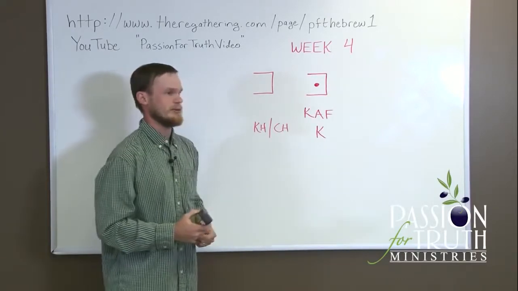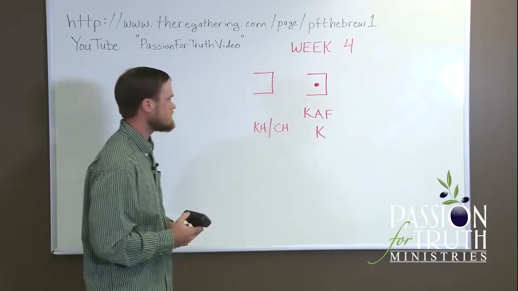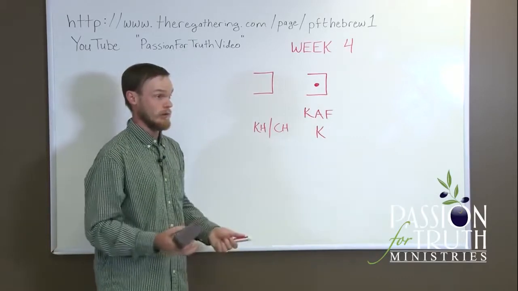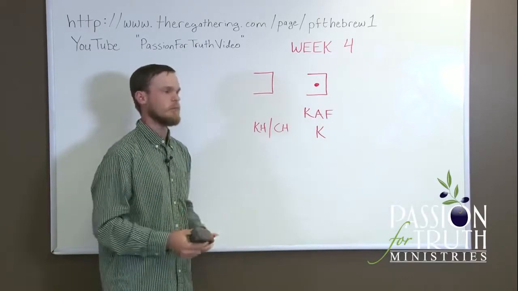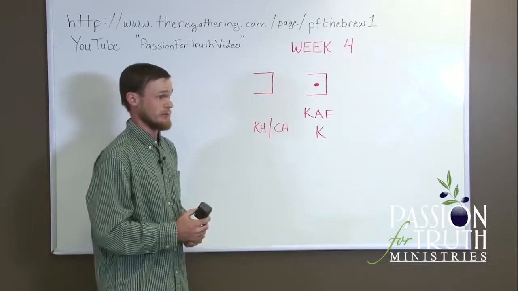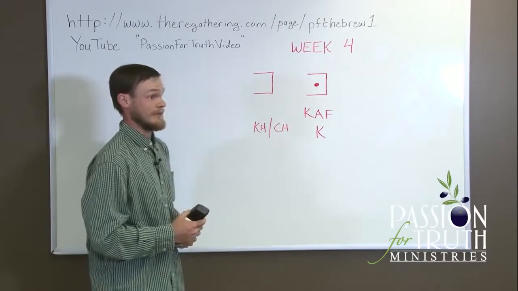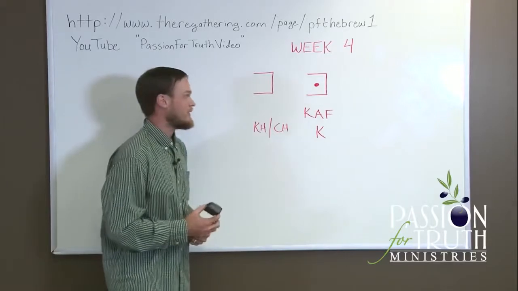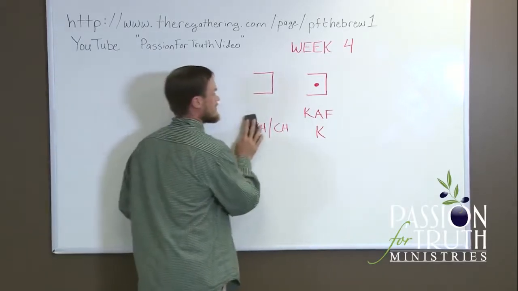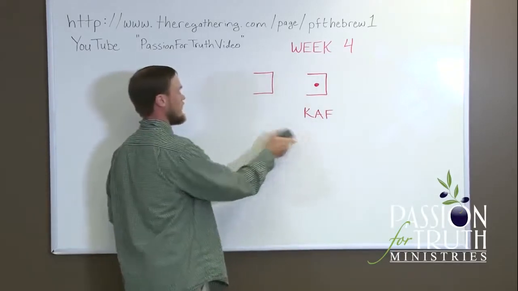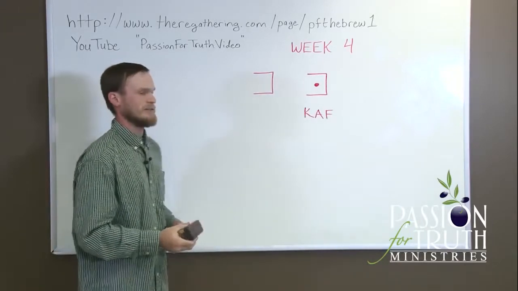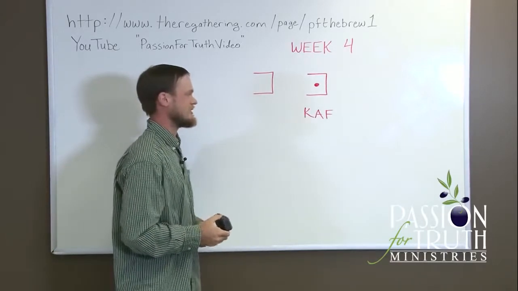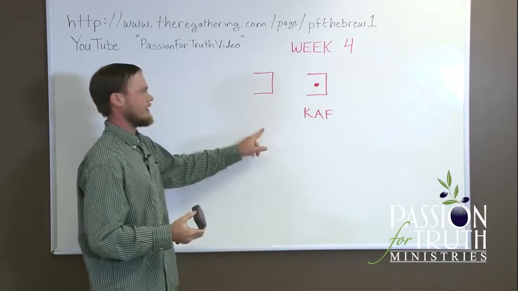It's a great aid to learning the language. Once you know the language really well, you can work your way through unpointed scripts, but it's difficult for me to do that. So the Kaf makes two sounds: hard K, and Cha.